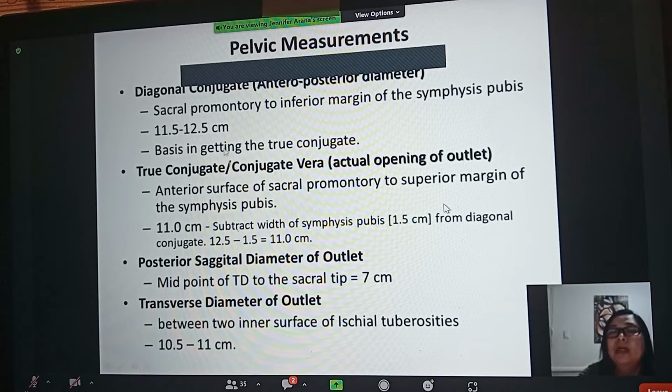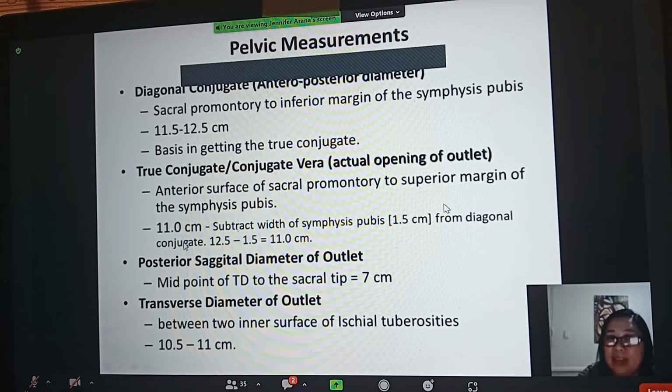For example, if the diagonal conjugate in the pelvis of the mother is 12.5 centimeters, you just subtract 1.5 centimeters. Where does this 1.5 come from? This is the width of the symphysis pubis. Right? The formula is diagonal conjugate minus the width of the symphysis pubis, and the width of the symphysis pubis is around 1.5 centimeters.